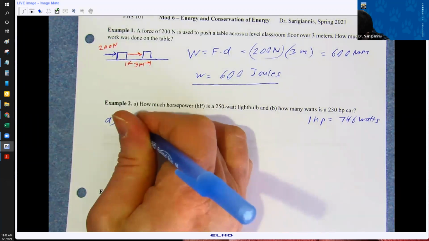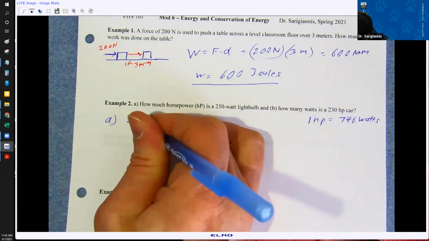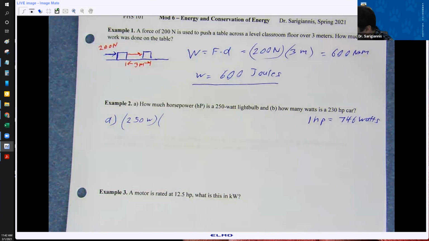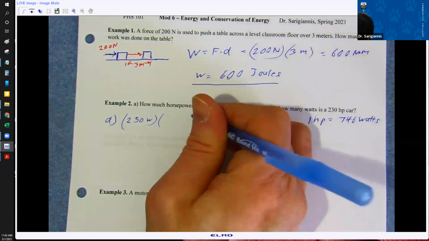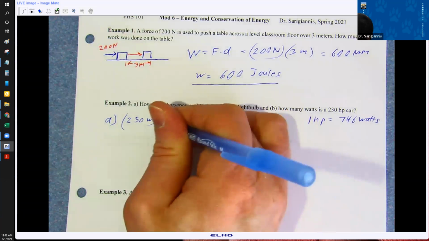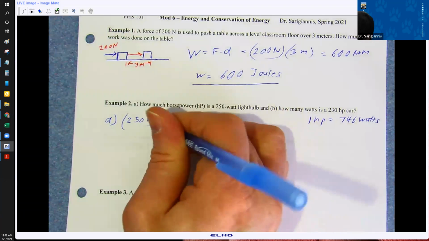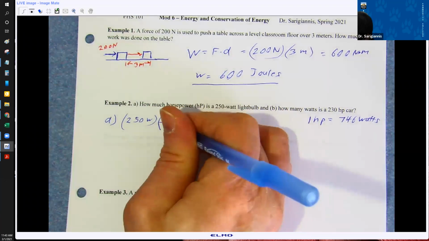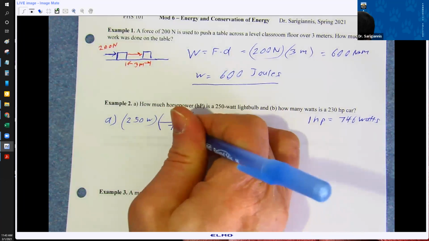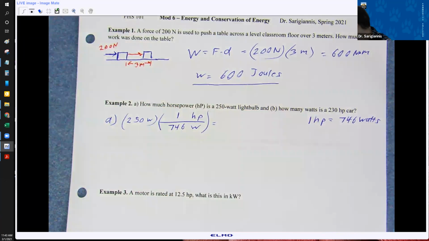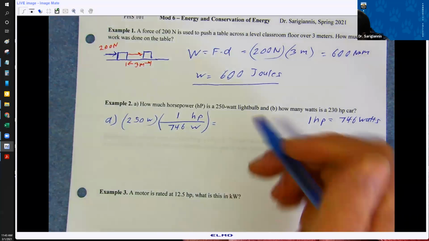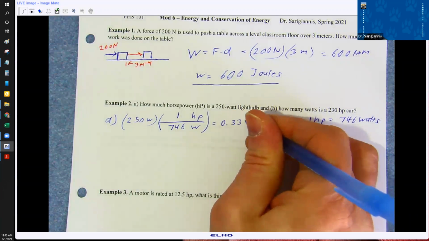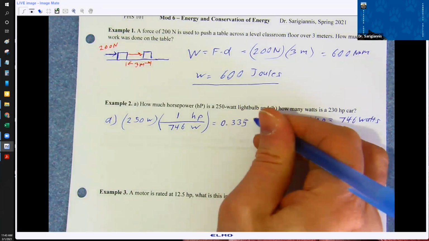I have a 250-watt light bulb, and I want to convert that to horsepower from watts. So I know 1 horsepower is 746 watts. This gives us 0.335 horsepower.